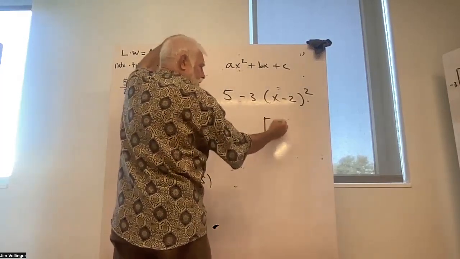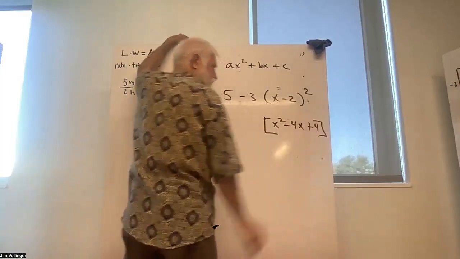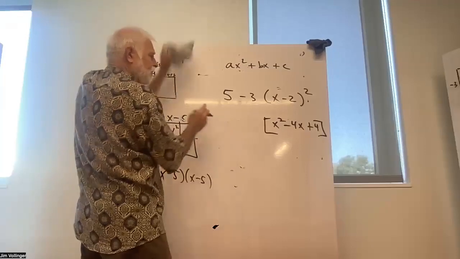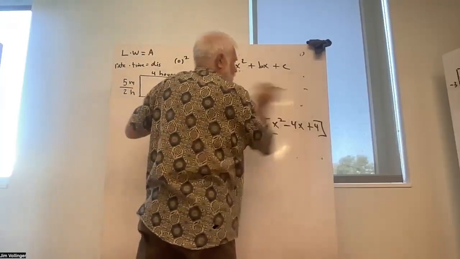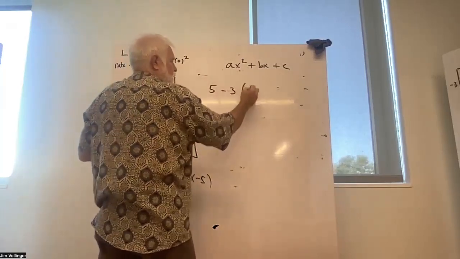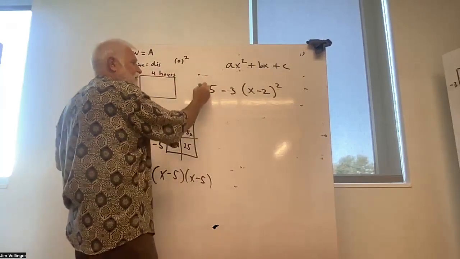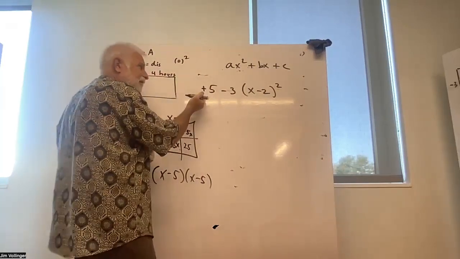And I'm hoping you may have already figured out the pattern. Positive 5. I'm going to do that again. 5 minus 3 times (x minus 2) squared. Because I want folks to know that 5 is positive, which means I'm really adding 5.